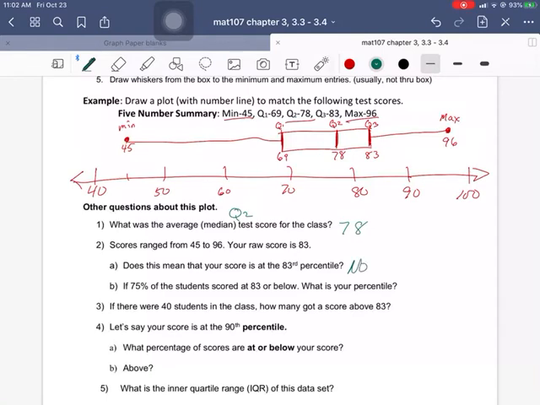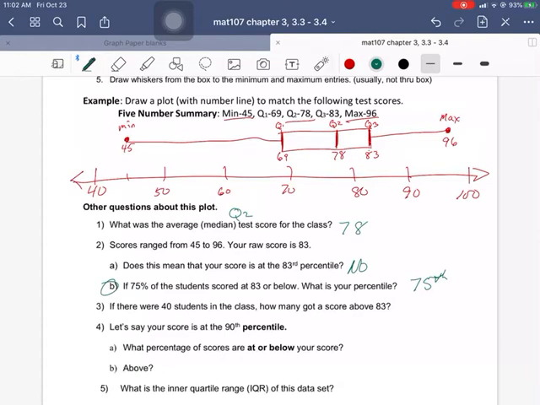No. Remember, we have to figure that out. I don't have all the data sets, so I can't calculate out what it would be. But for B, it says if 75% of the students scored at 83 or below, what is your percentile? So that kind of confirms, see where 83 is Q3, so it has to be at 75th percentile.